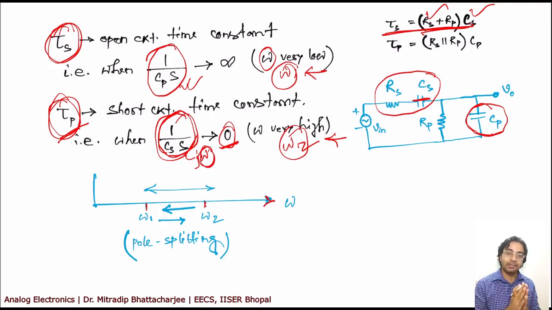So you can make them go away from each other, which is known as pole splitting. And also you can choose such values of Rs which will bring them closer. So your control now is on the RC values.